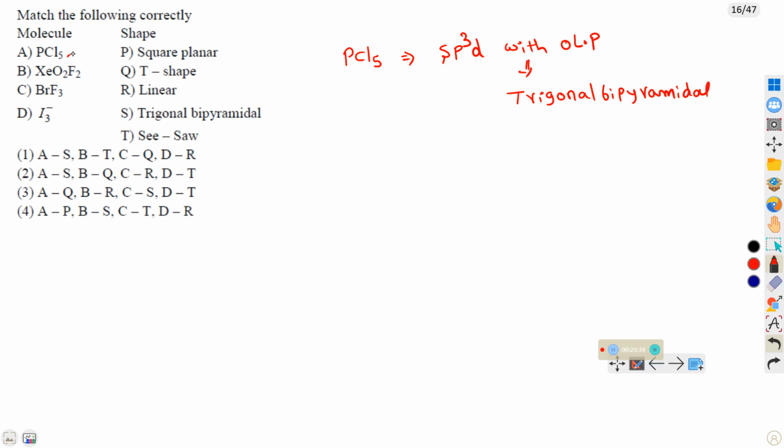So A–S. Next one, XeO2F2: sp3d hybridization with 1 lone pair. Seesaw.